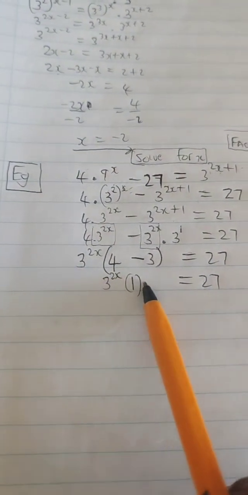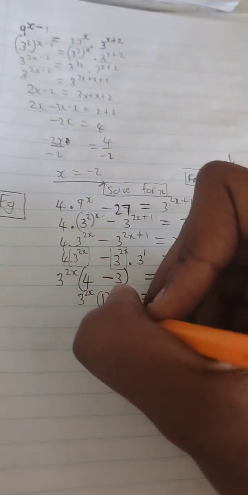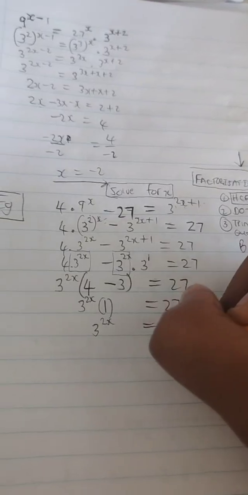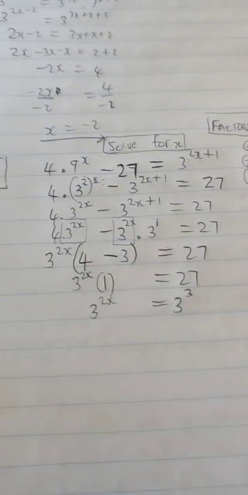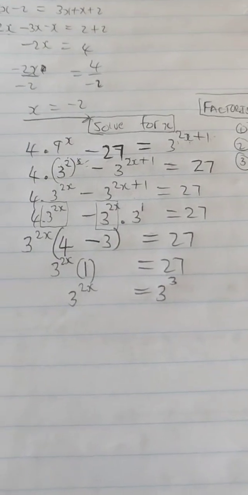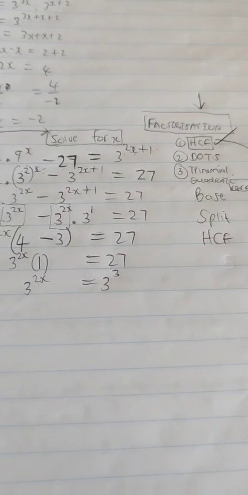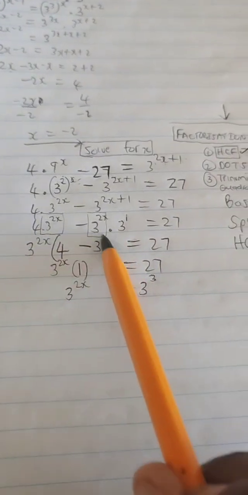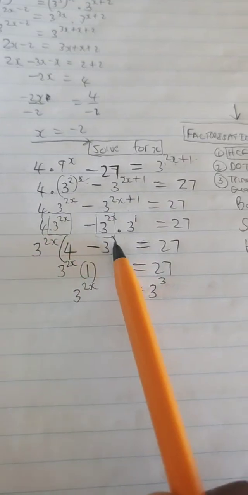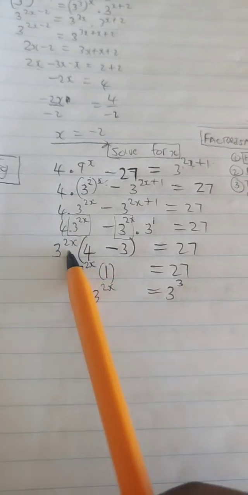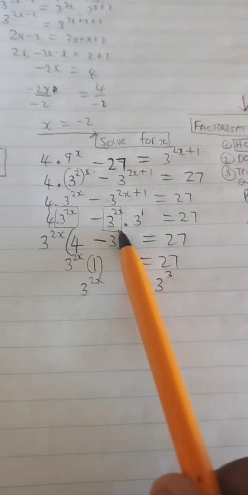Now, guys, we know that 3 to the power 2x times 1 just gives me 3 to the power 2x. On the other side, change that base 27 to its prime base, which is 3 to the power 3. Of course, if this was a number, I would treat it as the coefficient of 3 to the power 2x and divide both sides by whatever that number is.